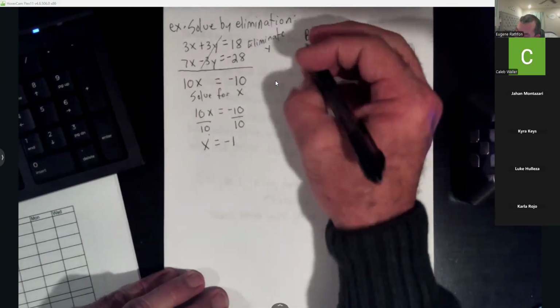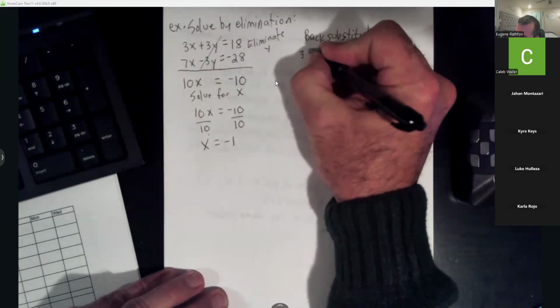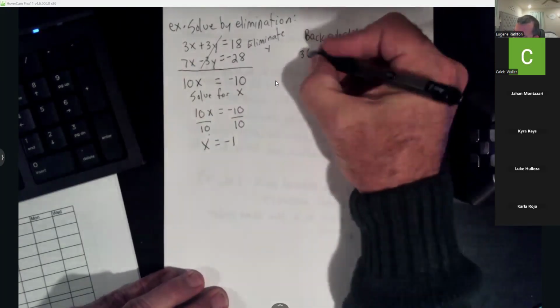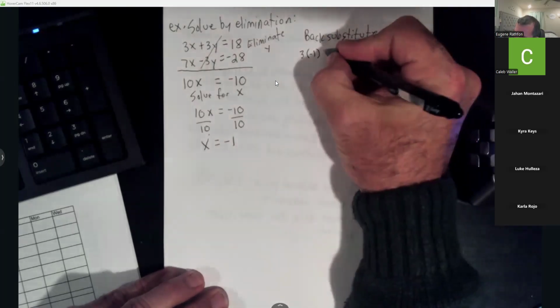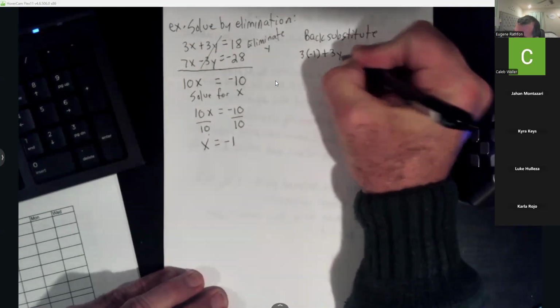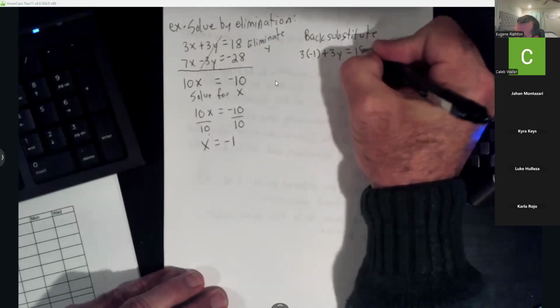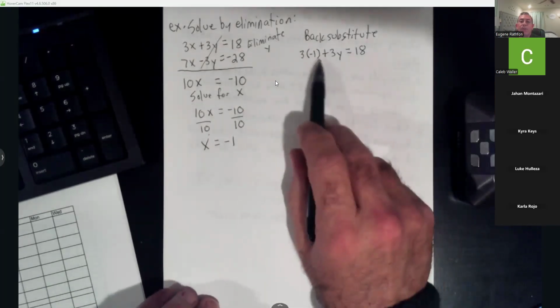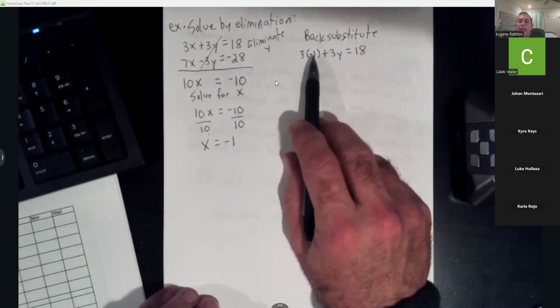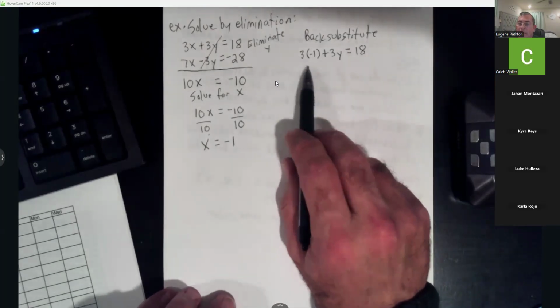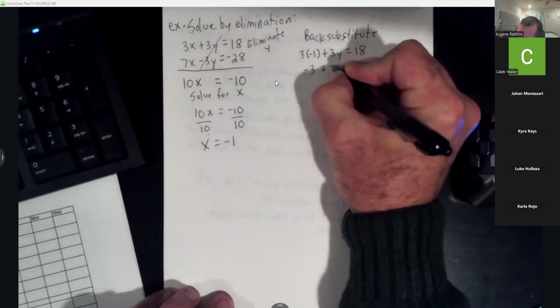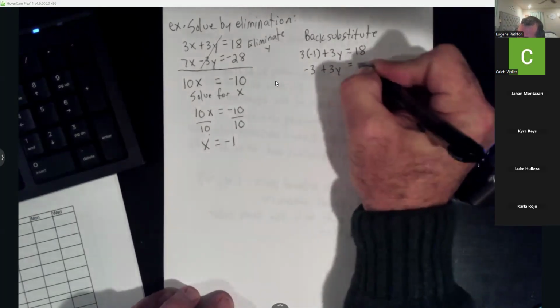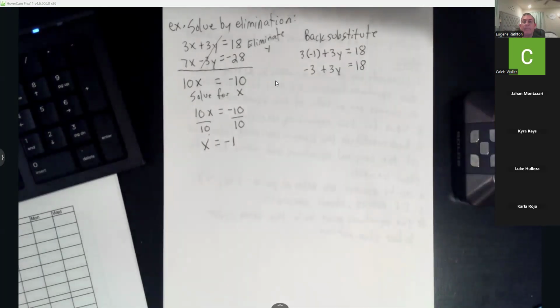So I'm going to have 3 times x, which is negative 1, plus 3y is going to equal 18. So see, since I know what the x is, I can multiply by the 3 and get me a negative 3 plus 3y equals 18.